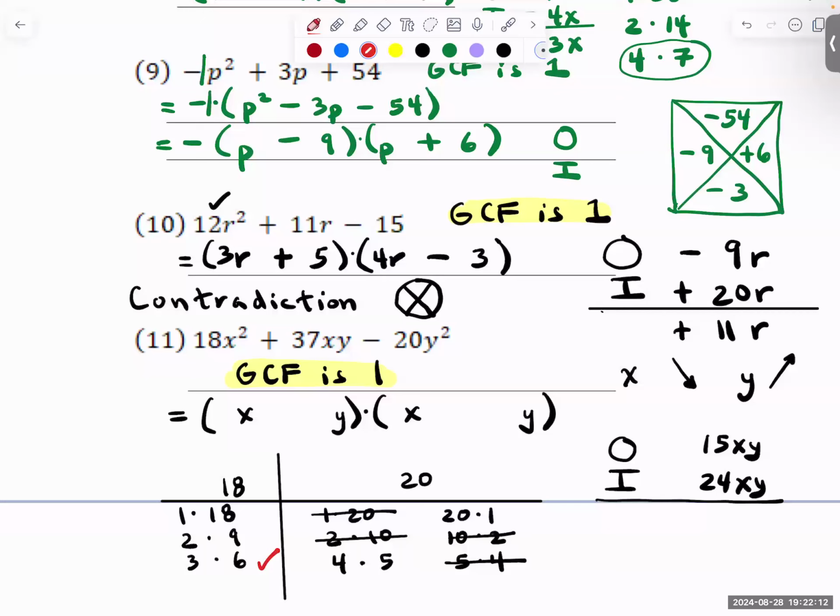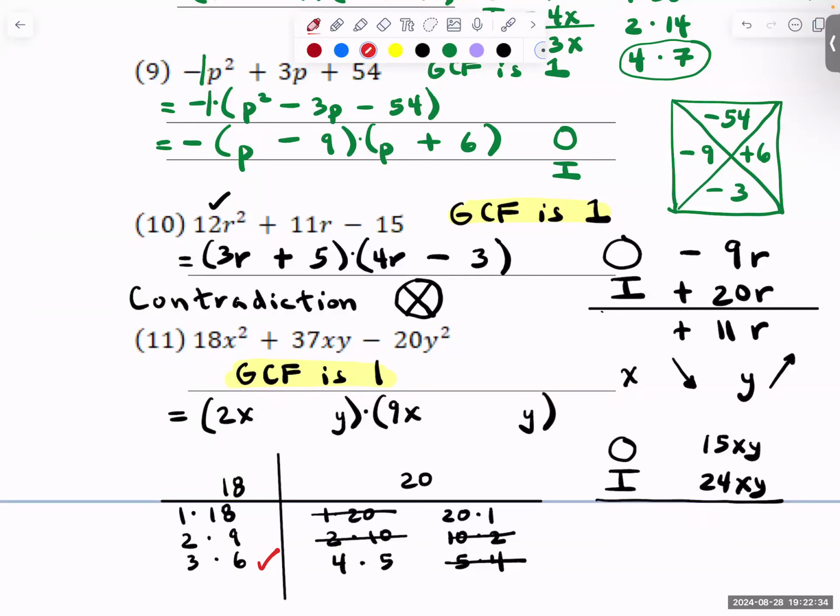So 2x times 9x. That works out. That's 18x squared. And let's see what we can cross out and eliminate on the pairs of factors of 20, if any. Let's switch to red here.